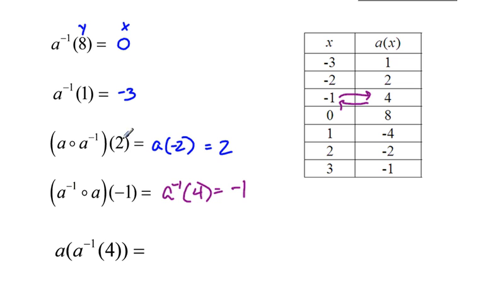So you see, my input and my output are the same because I am doing a composition of inverse functions. So we should look at this next one and we should be like, well, obviously the answer is going to be 4. And we can test it out. A inverse of 4 takes me to -1. I plug -1 into a. I go right back to 4.